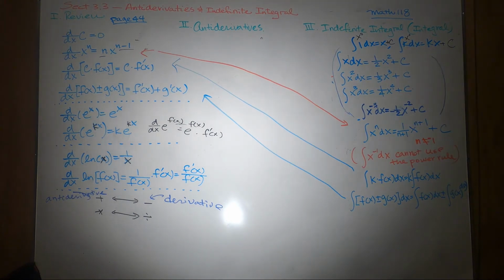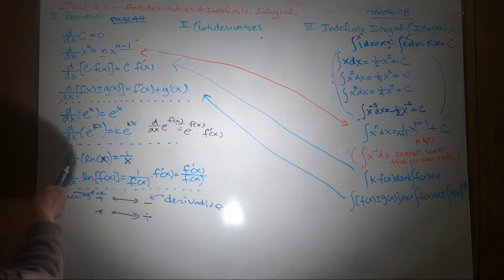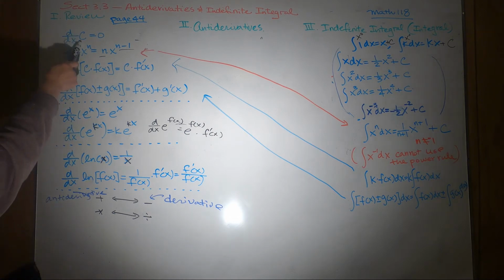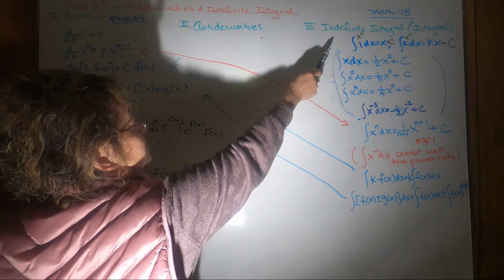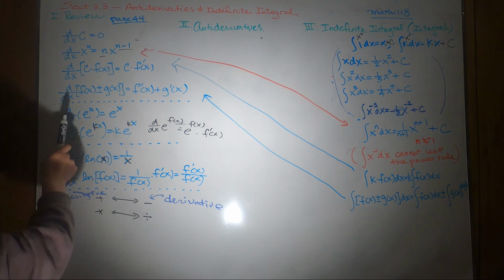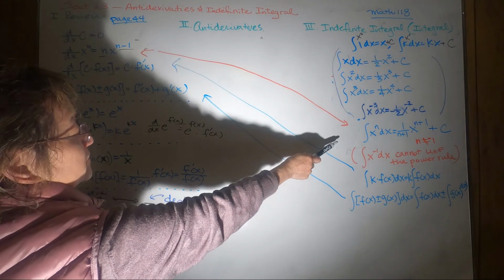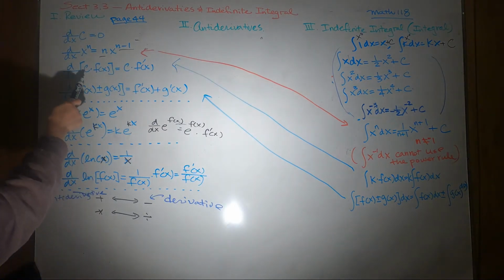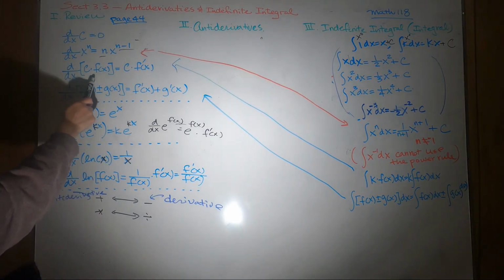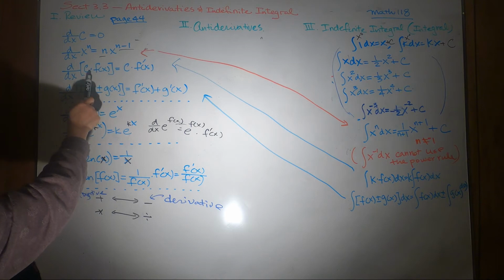So for antiderivatives, we have similar rules like derivatives. We have the constant rule, but over there it is for the antiderivative. Then we have the power rule.